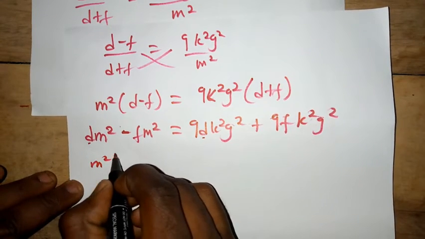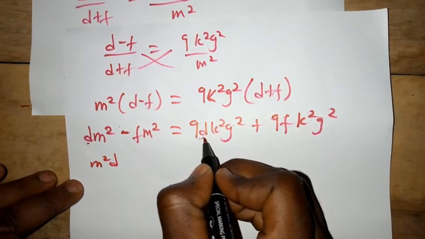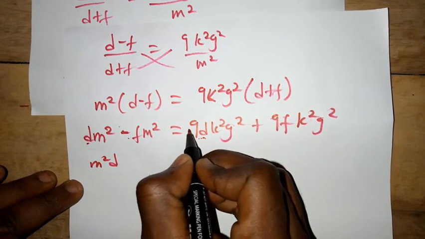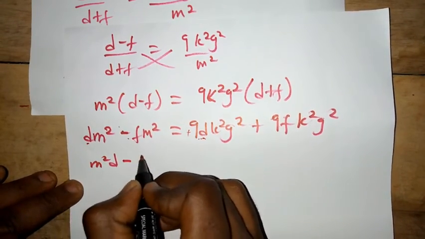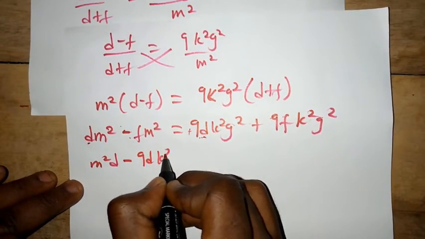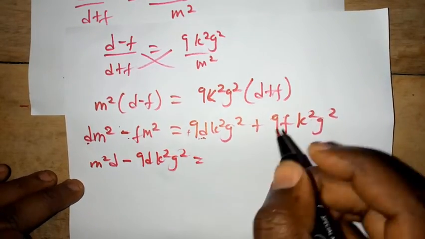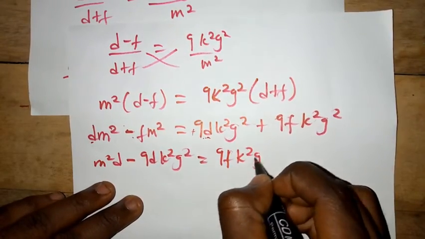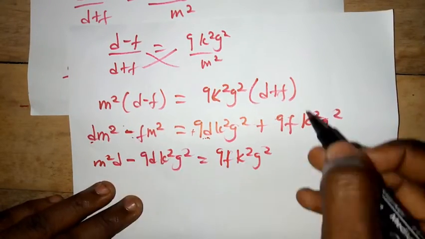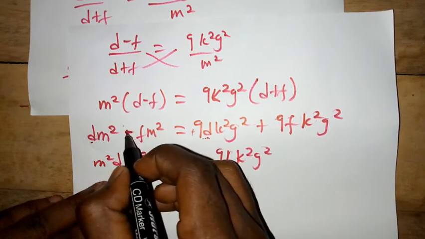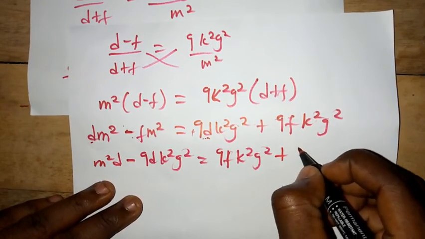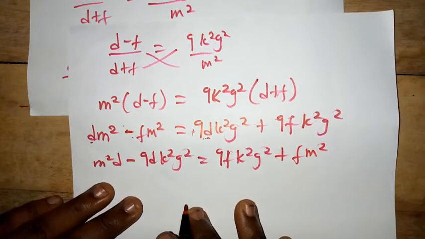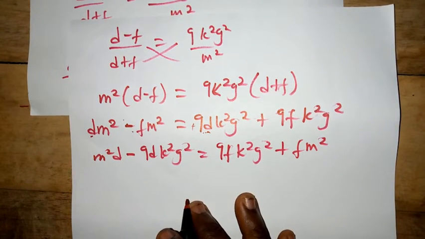We have m squared d. This, since d is here, it comes to this side, it's positive, so it becomes negative 9dk squared g squared, being equal to 9fk squared g squared. Then this side goes to the other side, it's negative, so it becomes positive fm squared.